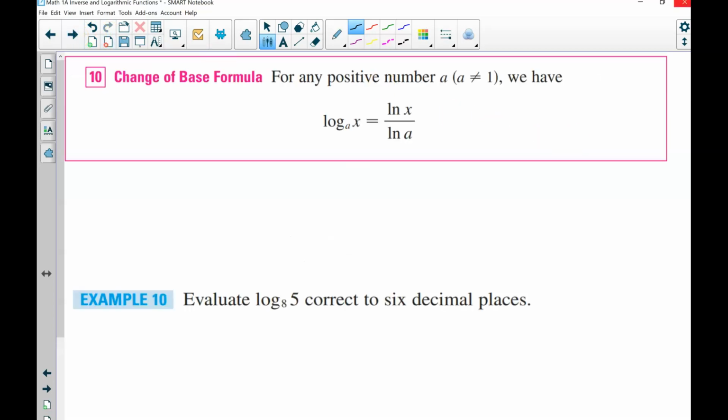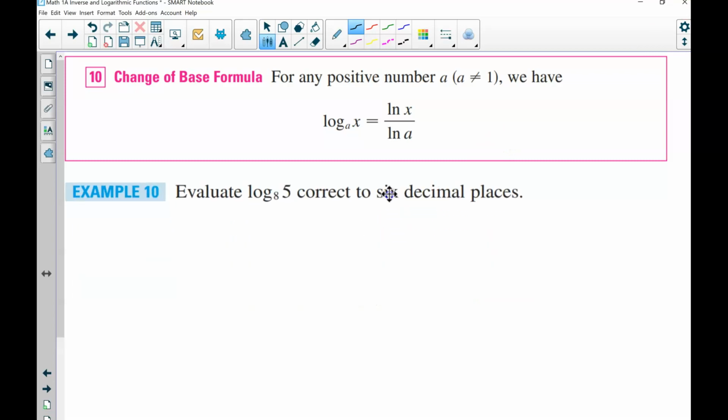Okay, now we also need to use the change of base formula. For any positive number a, where a does not equal 1, we have the definition that log base a of x is equal to the natural log of x over the natural log of a. In order to apply that rule, let's evaluate log base 8 of 5, correct to 6 decimal places.